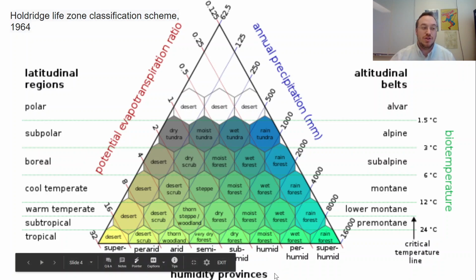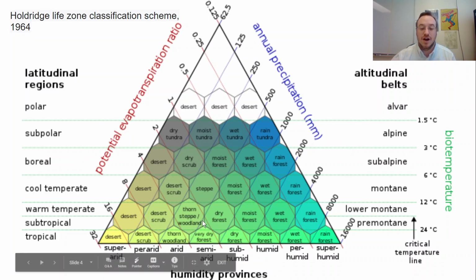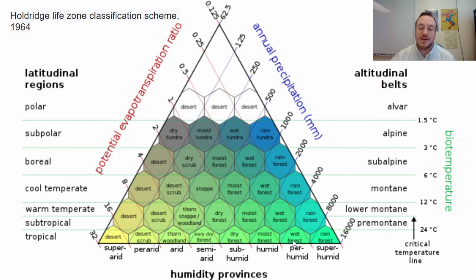And then we can look at humidity down at the bottom of our screen. This is what we would consider an x-axis in math, right? So humidity provinces, we've got super arid over here all the way to super humid. So arid means dry, humid means wet in this case. All right, with the semi and per prefixes being added on there.